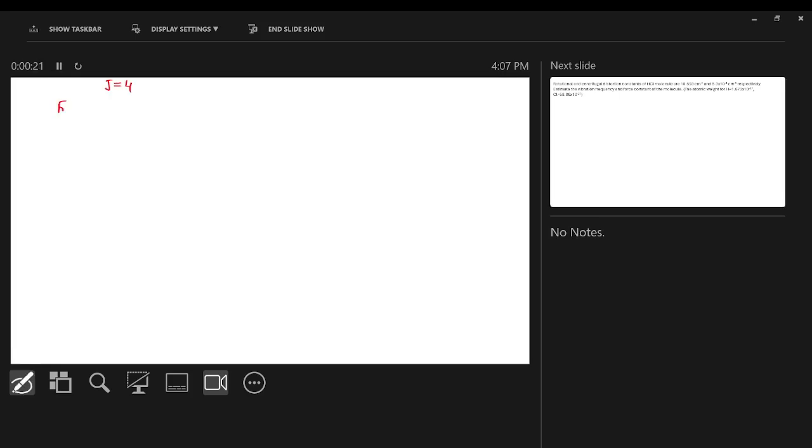So from equation 2 and 3. Or you can use equation 3 and 4 also. I am just using equation 2 and 3.